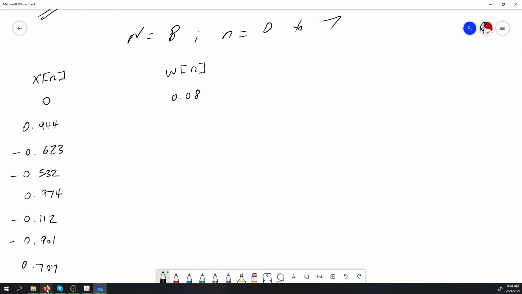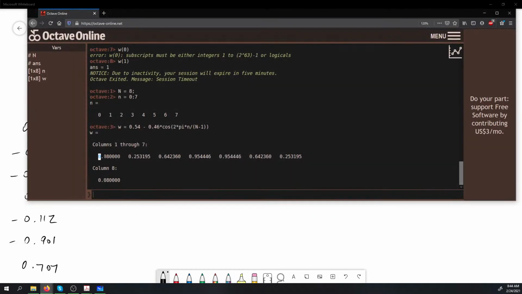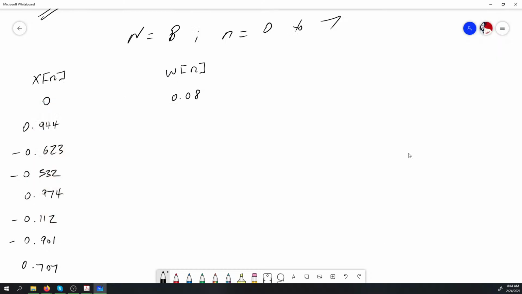which we can see here, 0.08. The second value here is going to be 0.2531, and this is 95, so I'm going to round this up, so this is going to be 0.2532. Now we're going to 4 decimal places.